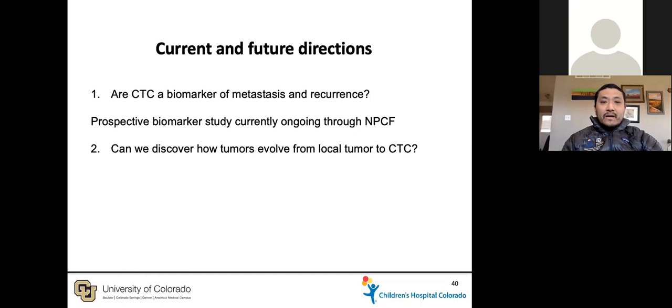And also, as I mentioned in the previous slide, what can we discover about how tumors evolve from a local tumor to shed into the circulation and survive as CTCs, which could be a very powerful anti-metastasis target.